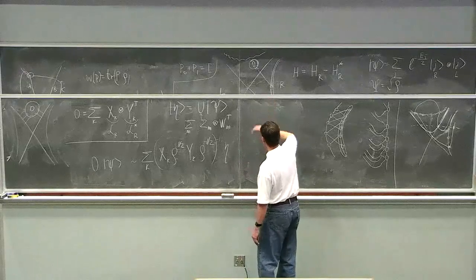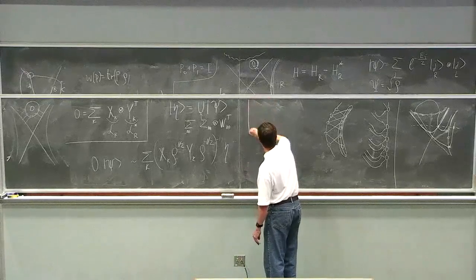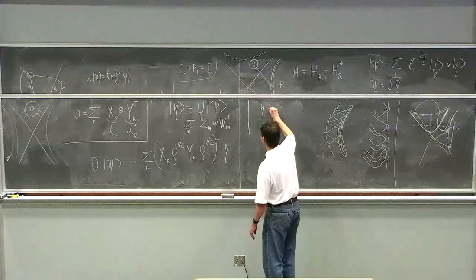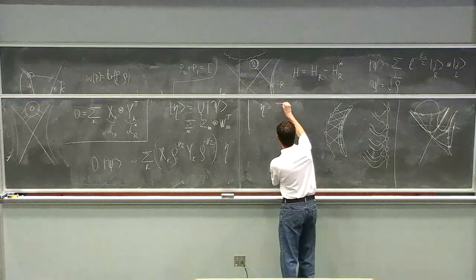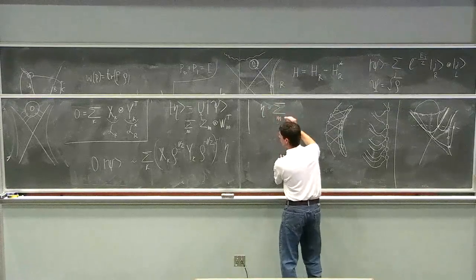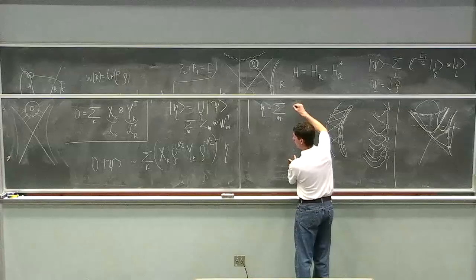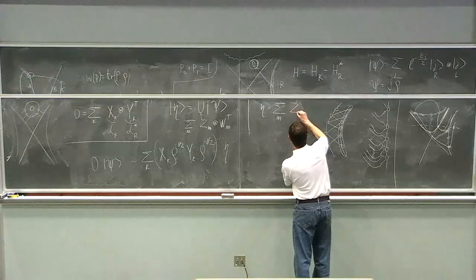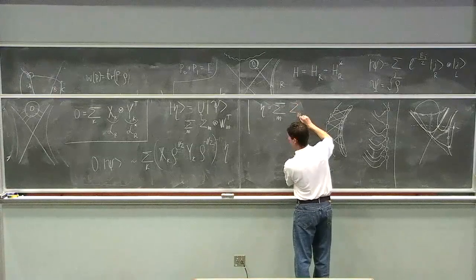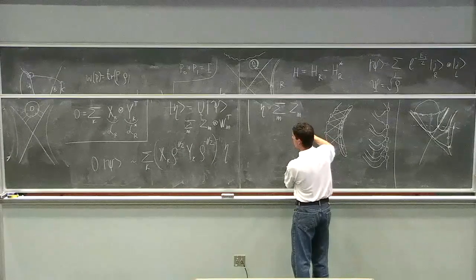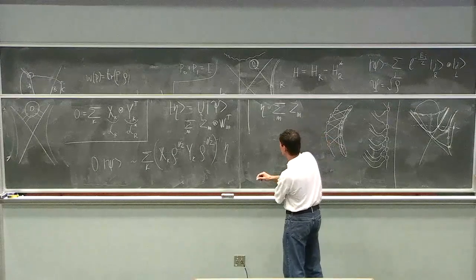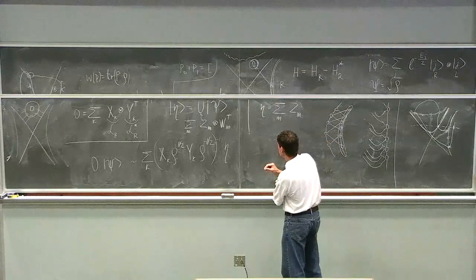And if we write it in the operator form, not as a ket vector, it will be the sum over m of Z_m, right.